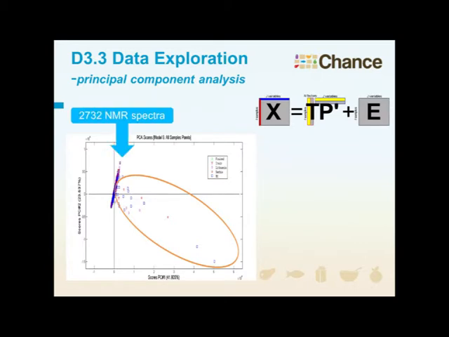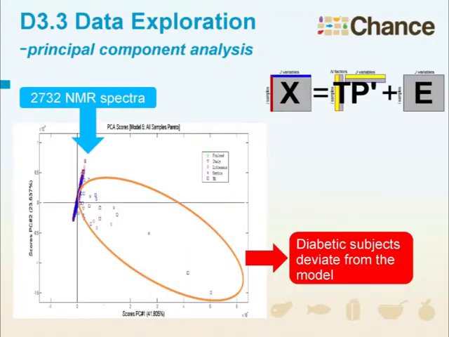So we have these 2,700, and it turned out that these ones out were what we call outliers, and they are defining people with trace amounts or larger amounts of glucose in the urine, but since diabetic was an exclusion criterion, these have to be pre-diabetic subjects from our investigation. The subjects didn't know that they were diabetic. Yes, exactly. So pre-diabetic or unaware.